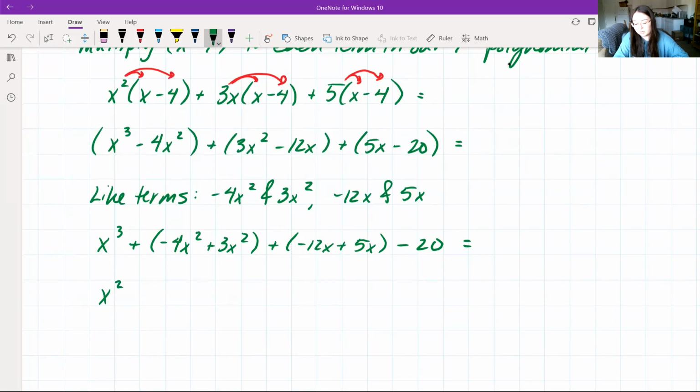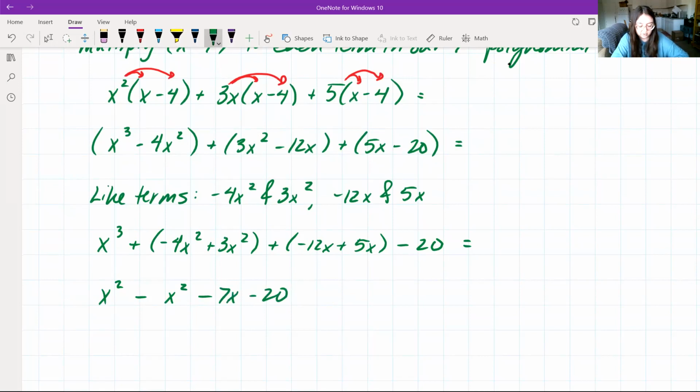Negative 4x squared plus 3x squared is going to give us a negative x squared. Negative 12x plus 5x is going to give us a negative 7x, minus 20. And since we have plus negatives in this case, we can just rewrite this as minus. And we'll scooch this all together.